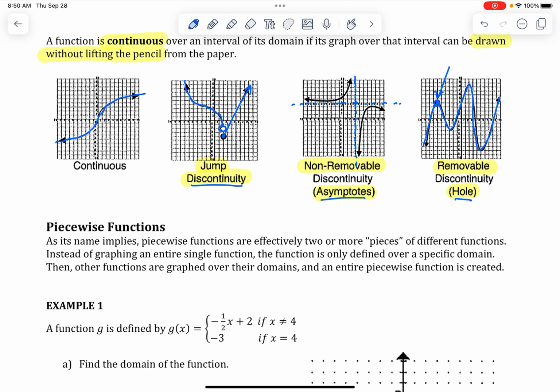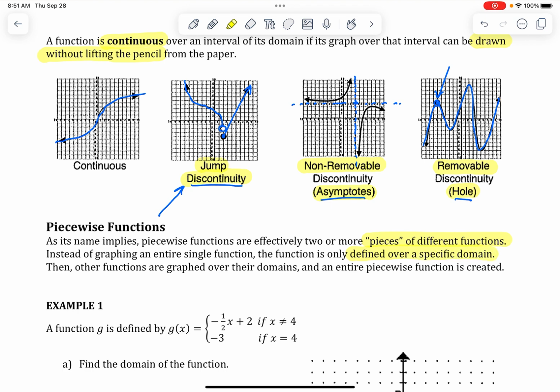Now, if you've seen these before, you probably know what they are, but if not, all a piecewise function is, is basically what we did in that last graph up here, which is two or more pieces of different functions. Right? So we're just taking two different functions or three different functions, however many you want, and then rather than taking the entire function as a whole, we're only going to define it over a specific set of x values, okay?